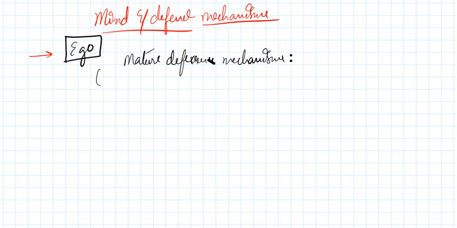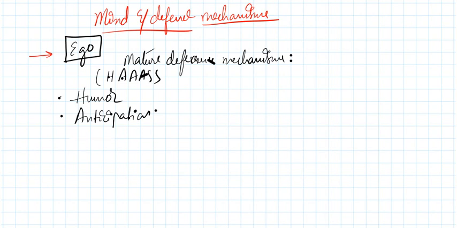you can just remember with the mnemonic HAAS, right? First one is humor. Second one is anticipation. Just remember this, it is very important. Third one is altruism. Fourth one is asceticism. Fifth one is suppression.